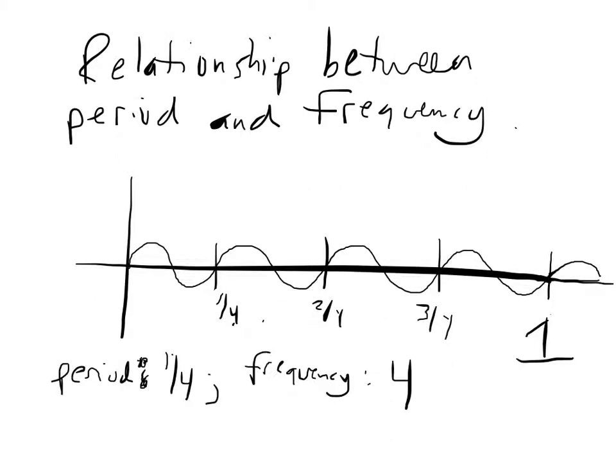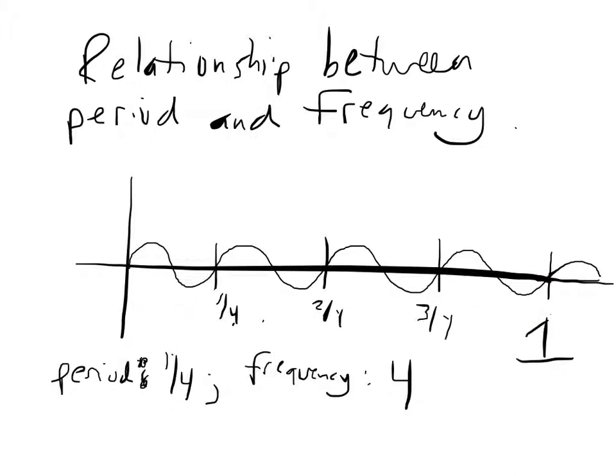By definition, we're going to say that the frequency of a periodic curve is going to be the reciprocal of its period. And I'll illustrate that as follows. Let's suppose we've got a periodic curve here that in 1 unit it repeats 4 times.